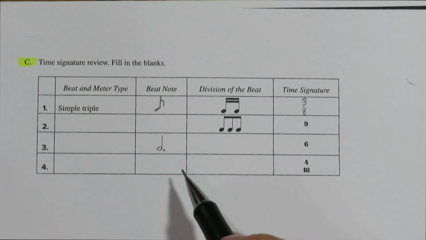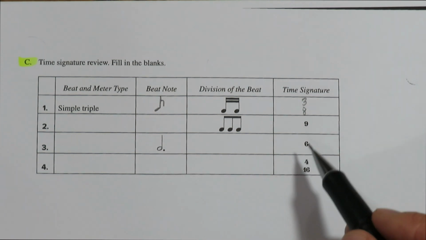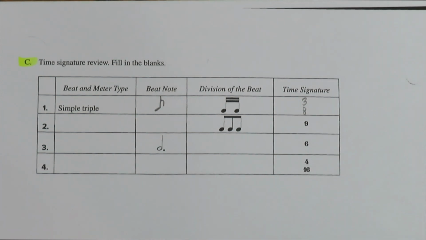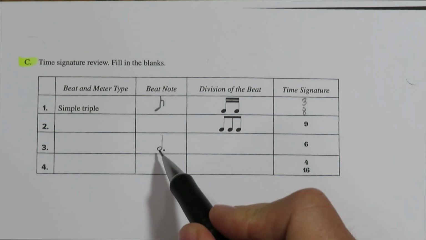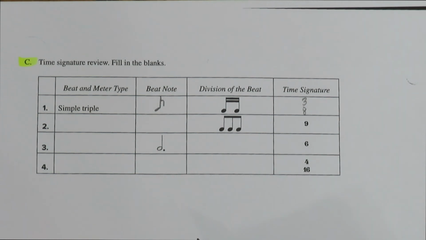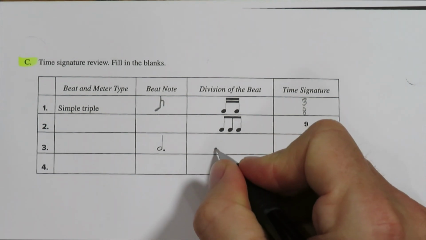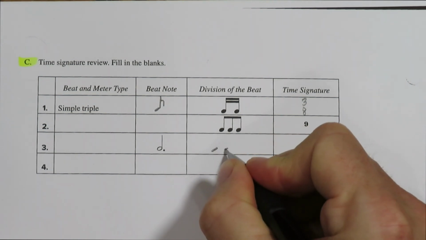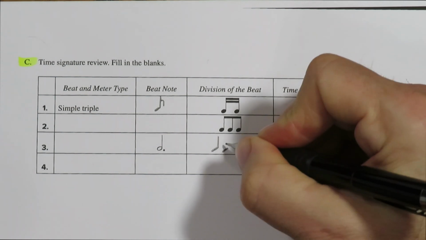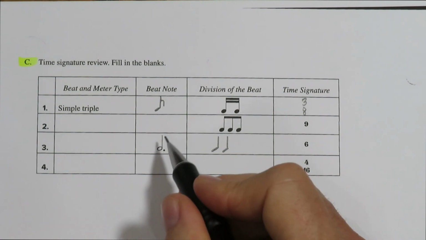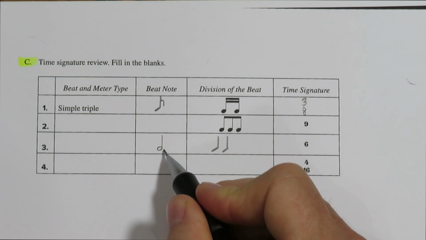Now this one, we're given the beat note and one of the numbers in the time signature. So let's divide this dotted half note. And a dotted half note, well, a half note equals 2 quarter notes, right? And the dot is worth half of the value of the note preceding it. So if this is worth 2, then that would be worth 1.